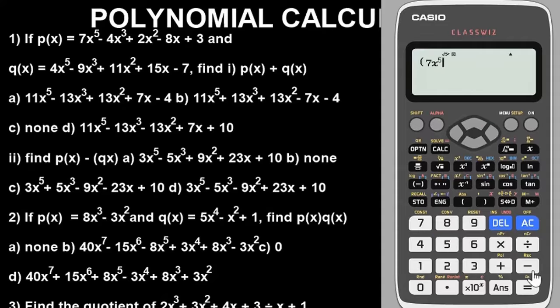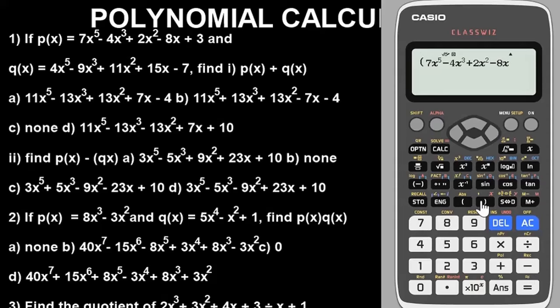Minus 4x, alpha x, raised to the power 3, plus 8x, plus 3. I will try to be a bit fast with this so that we finish on time.